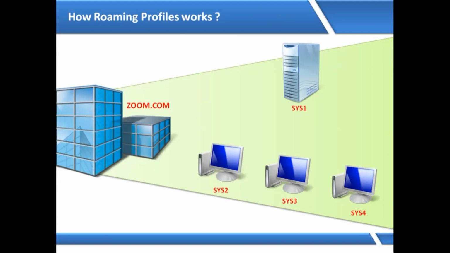Network traffic will increase and the network will become slow. This is the first and biggest drawback with the roaming profile. Network will get slow as the size of our network increases when multiple users log in or log out.